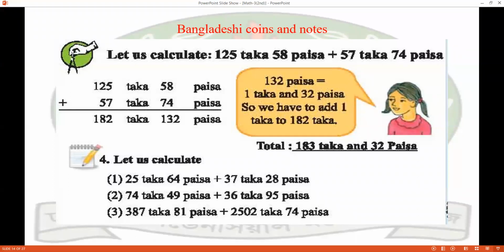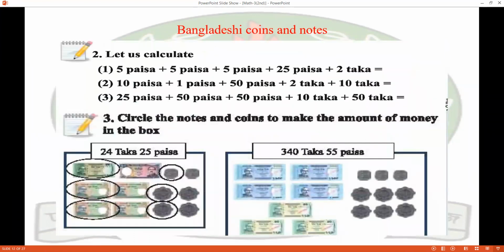Yes sir. Page 77 in your textbooks. Yes. 77, which math, paisa? Let us calculate. I already solved this.